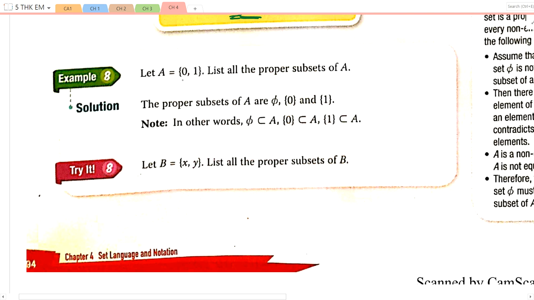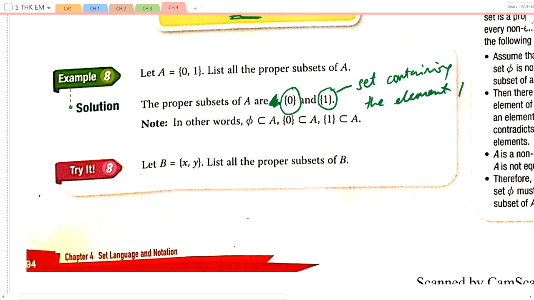Let the set A contain 0 and 1. To list down all the proper subsets of A, if we don't consider the empty set first, quite clearly we see that 0 is an element, so the set containing 0 is a proper subset of A. 1 is an element, but if I write it this way, I'm calling this a set containing the element 1.